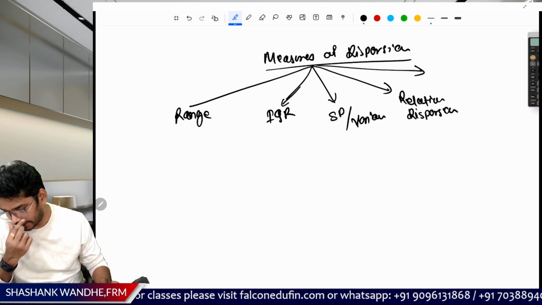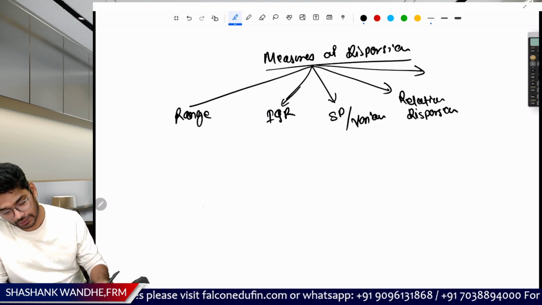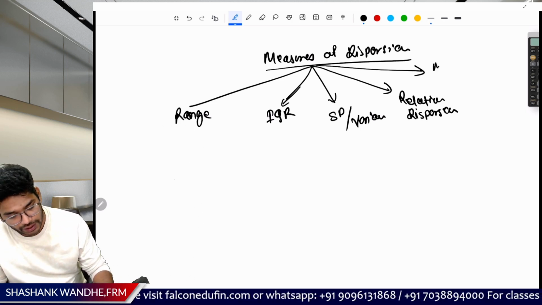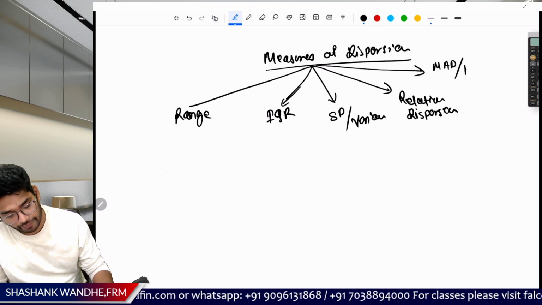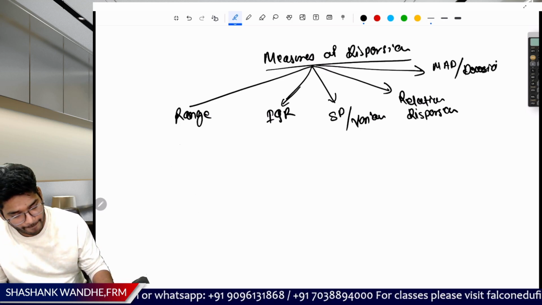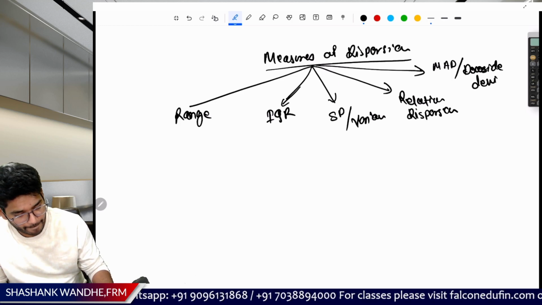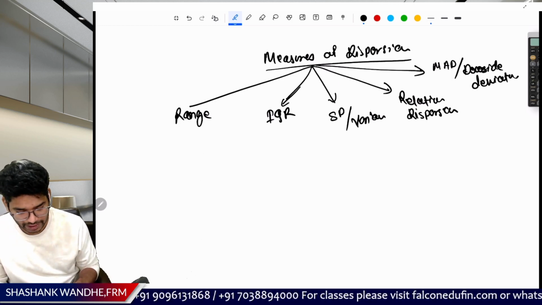And then we have the variations of standard deviation, which is mean absolute deviation or downside deviation. Okay, so we'll start with the range.